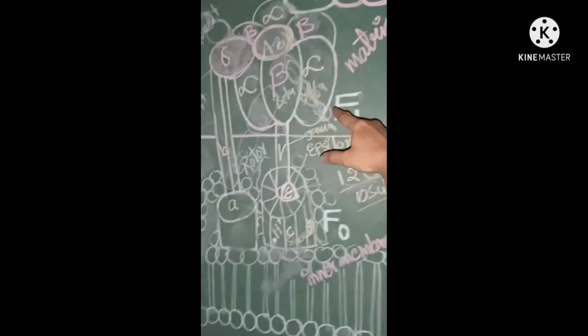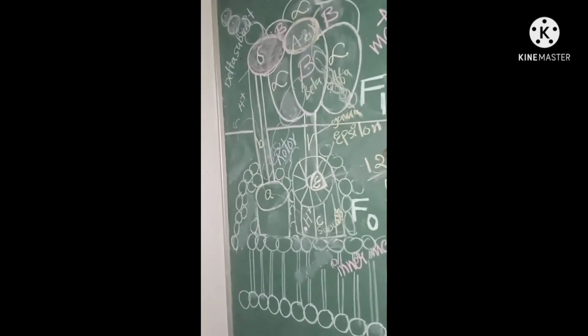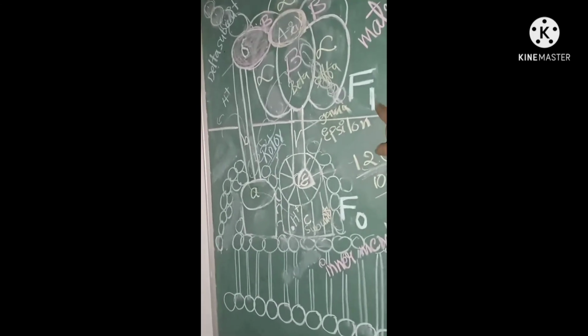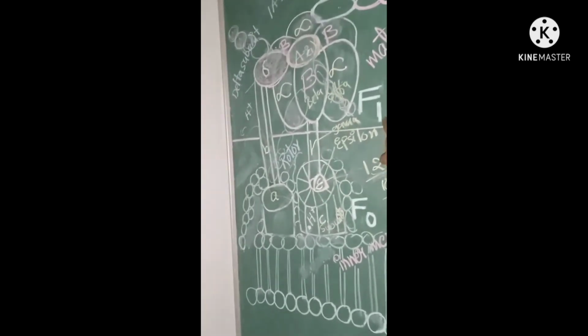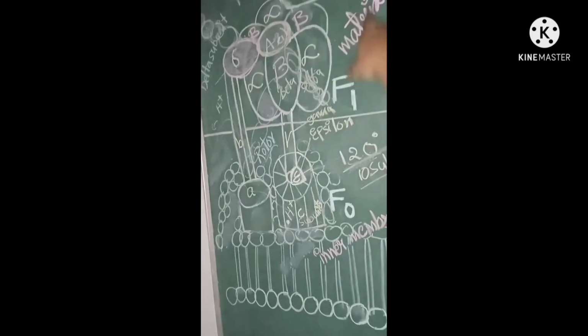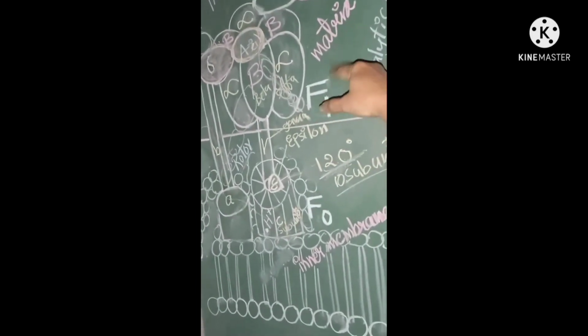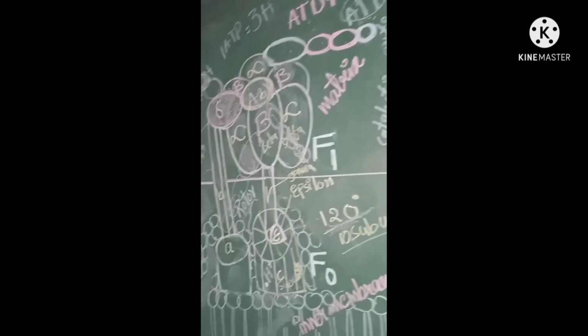F1 is located in the matrix and serves as the axial and catalytic part of the ATP synthase. The axial comprises 1 gamma subunit and 1 epsilon subunit, which are connected to the C subunits, the rotor-like motor, and extend up to the catalytic part which comprises the alpha beta subunits.